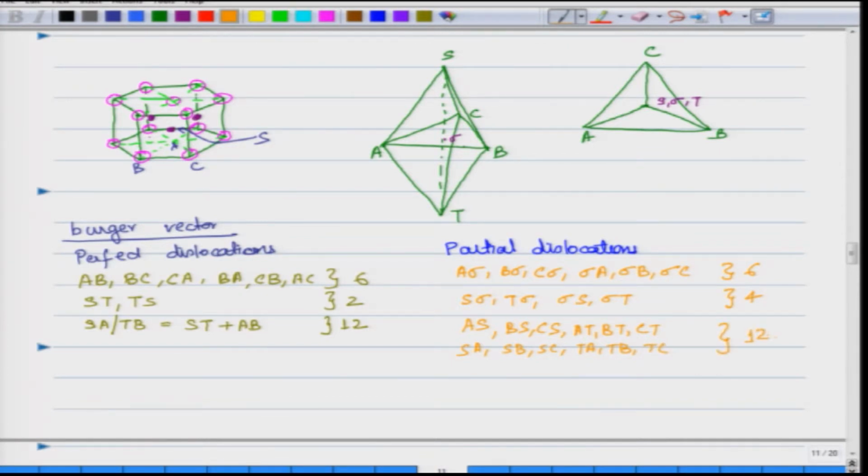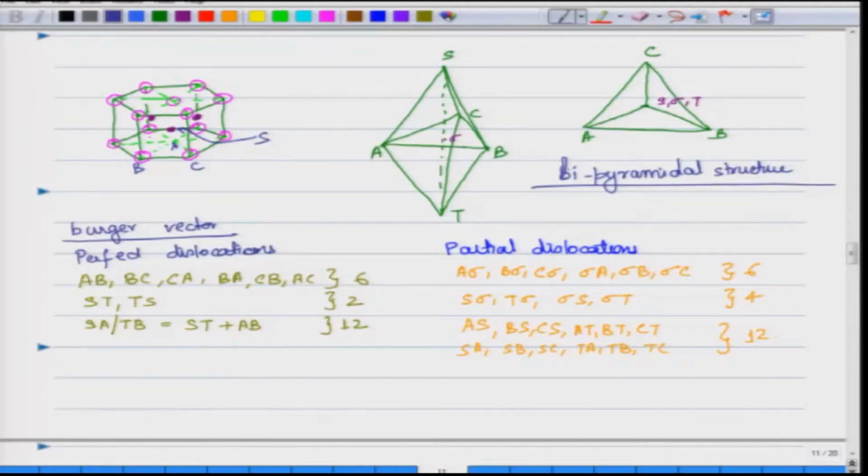So, you see all the possible Burgers vectors that are there in HCP can be listed using this bipyramidal structure. And the similarity with FCC does not end here, as we will see that even the dissociation into partial dislocations does happen, and you can draw the cartoon similar to what we have in the FCC system.